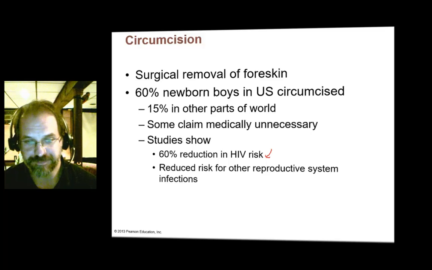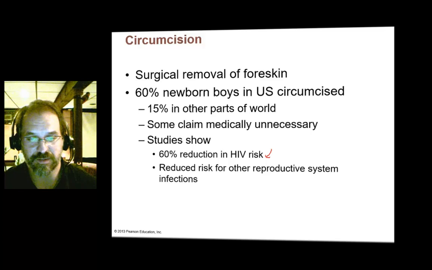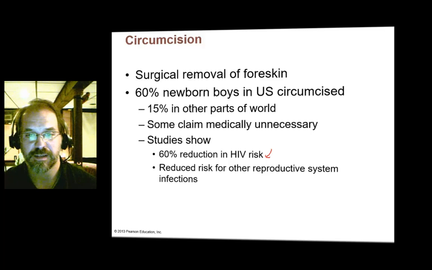The other thing is that the prepuce covers the glans penis with a thick fold, so you can actually trap organic matter in there, and bacteria like to thrive in that area. So you are at a higher risk of bacterial infections, whether it be a urinary tract infection or an STD like chlamydia or gonorrhea or syphilis. But other than that, it's pretty much just a cultural custom, whether or not somebody wants to be circumcised.